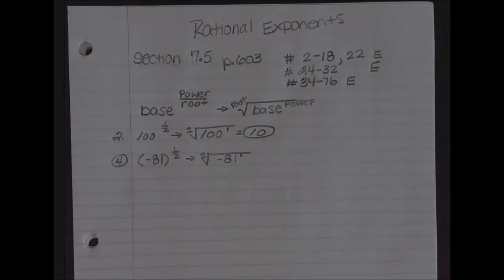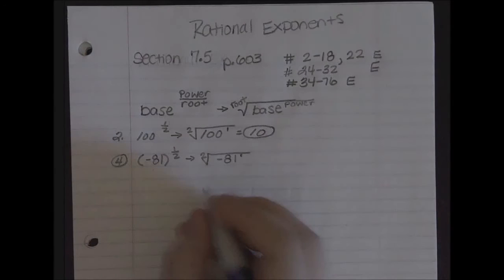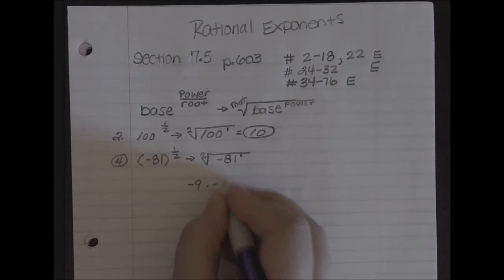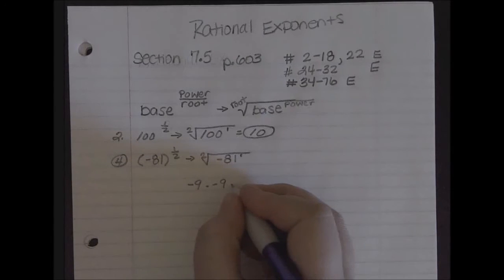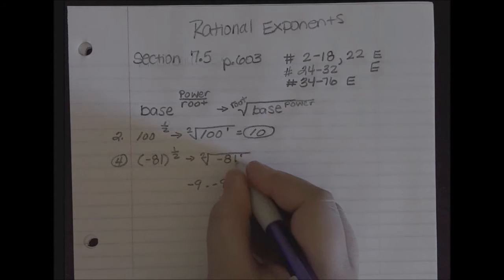As you learned in section 7.1 notes, you cannot take the square root of a negative number because there are no two numbers that multiply to give you a negative number. Some people might want to say that the answer would be negative 9, but if we did negative 9 times negative 9, we would end up with a positive 81, and our goal is to get negative 81.